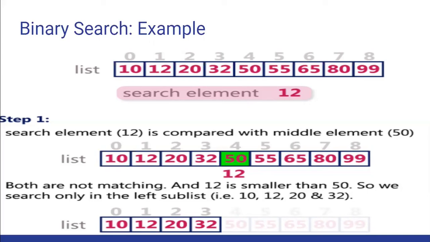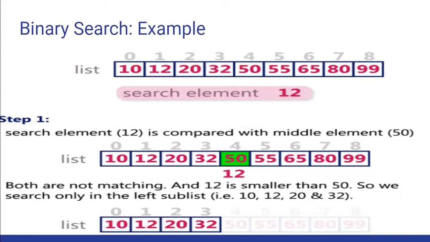Now, how does the search process begin? The search process starts by comparing the search element with the middle element in the list. If the searching element and the middle element match, then the index at which the element is present is returned. Otherwise, we check whether the given element is smaller or greater than the middle element.